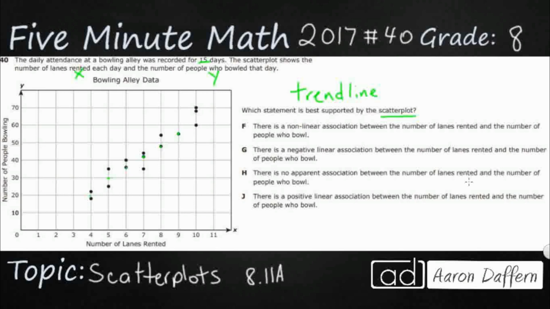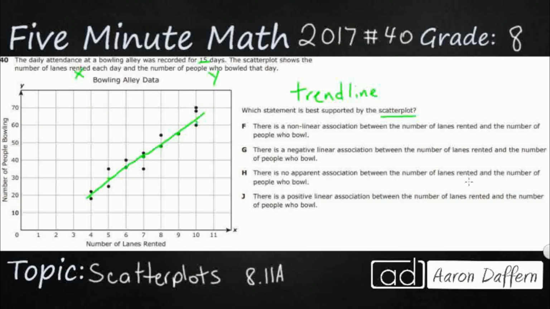Sometimes I can't, but I'm looking to see if I can find a straight-ish line that kind of encapsulates most of my data. You don't really want to make it wavy or curvy, and so you want to try to get that line in between as many dots as possible, or really on some of the dots, so it kind of captures most of the data. And that looks like a pretty decent trend line.